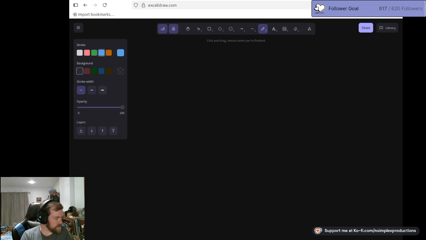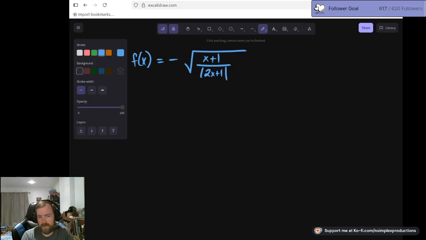Okay, so consider the real valued function f defined by the equation given here. F of x is equal to the negative square root of x plus 1 over absolute value 2x minus 1.